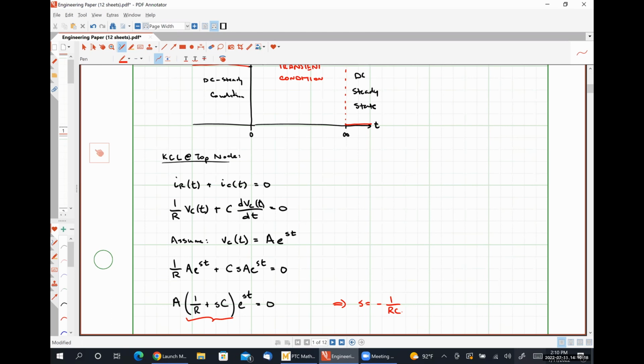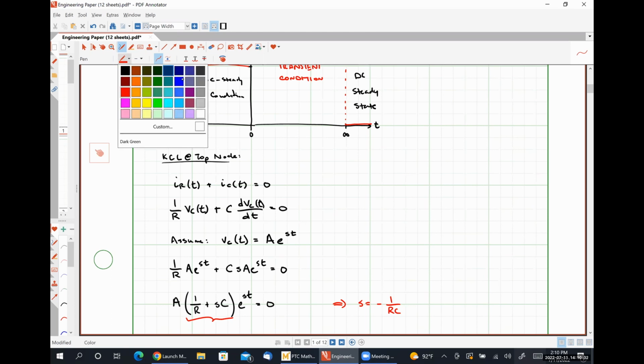Just double checking my mental algebra here to make sure I did that correctly. Yeah. All right. So I'm going to finish this up on this page.